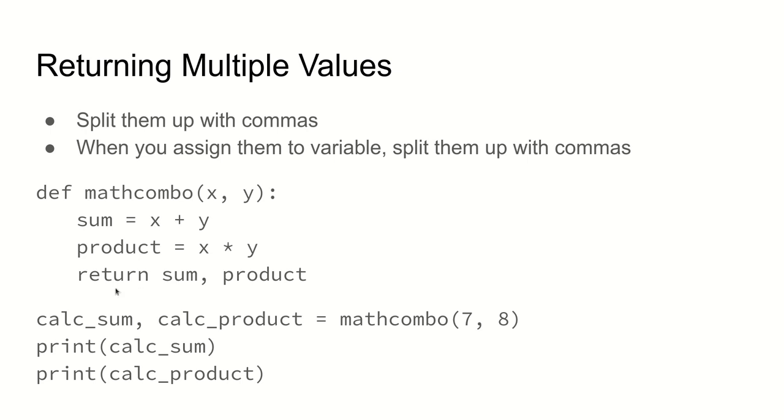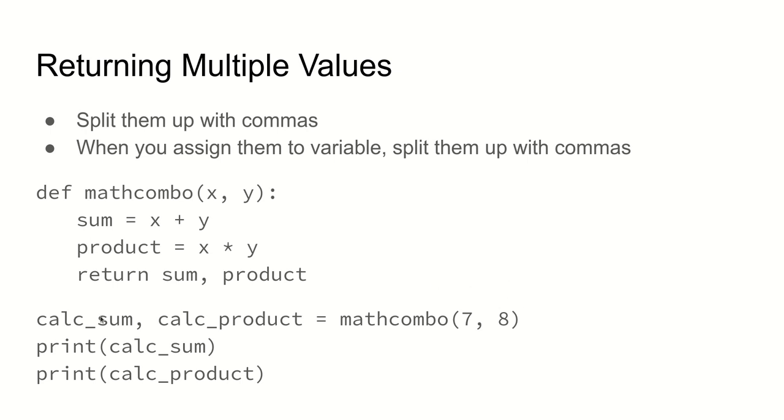And we can do these neat things where if we know two values are coming out of this math combo function, the sum and the product, we can actually store those as variables in one line. We say calc sum, comma, calc product equals math combo, called on some values here, 7 and 8.